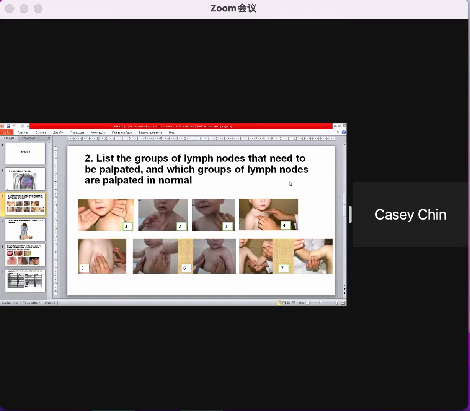Supraclavicular. Look, at this picture we can also see this. I'm sorry, yes. Okay, so what lymph nodes are not palpated in normal? At this picture, yes, you're right.